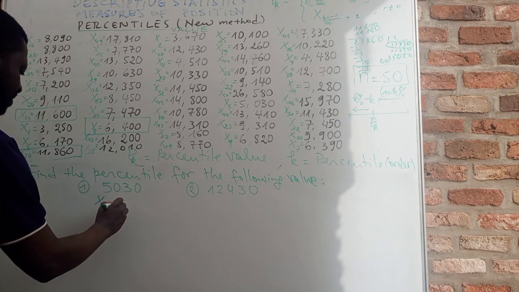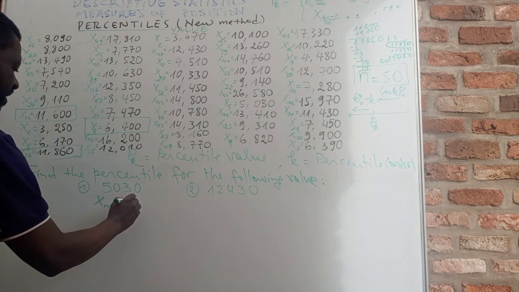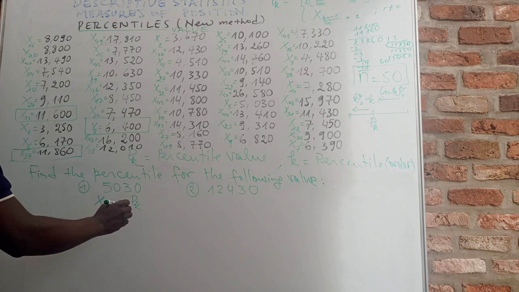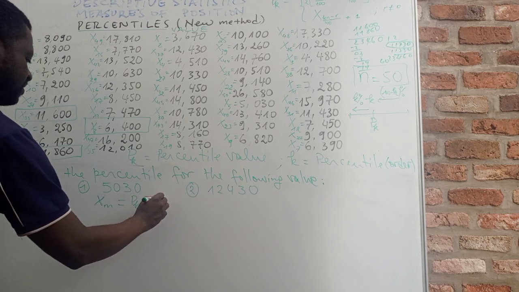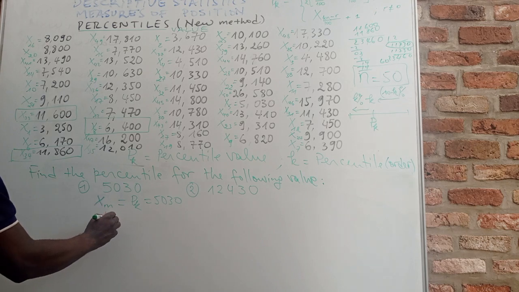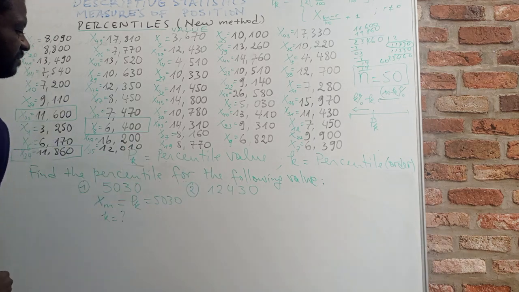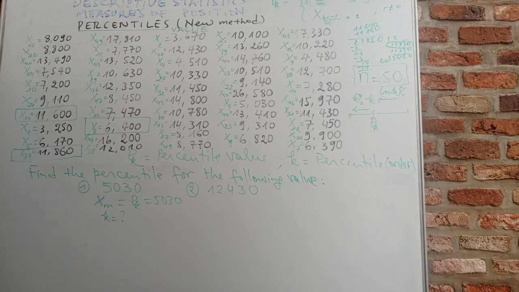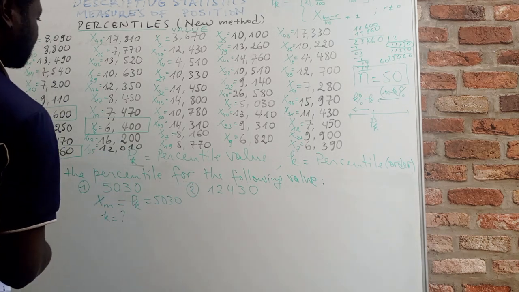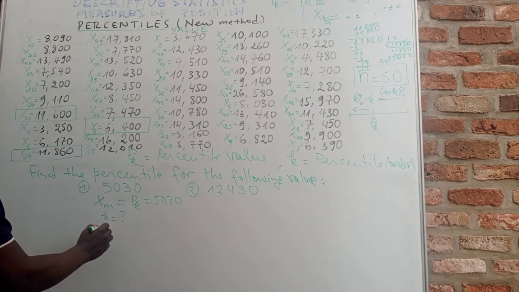So this one is equal to 50. It is like pk, and this is 5030. Now the question is, what is k? That is the question to be answered here. Similar is the second question. In this case, you are going to find k, the percentile in question.